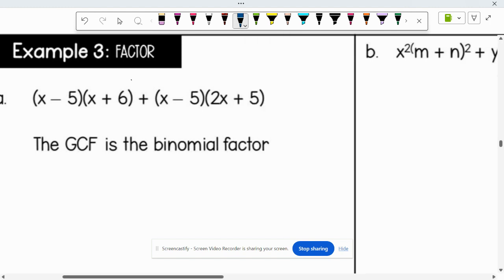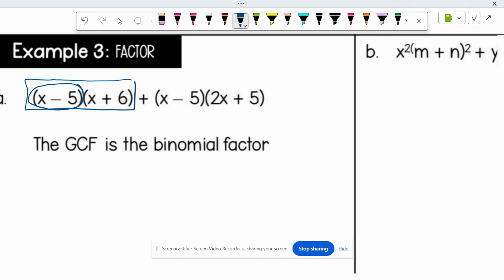Notice that this polynomial right here has a factor of x minus 5, right? Remember, a factor is just a number that you multiply. This polynomial right here also has a factor of x minus 5. So what can I pull out? I can pull out my binomial factor, which is x minus 5. So I'm going to divide both terms by the quantity x minus 5.